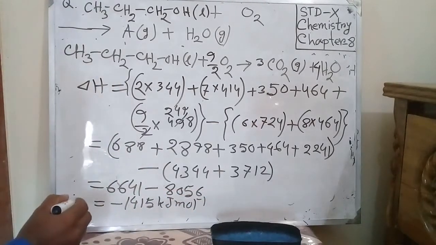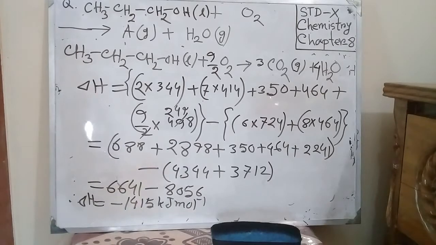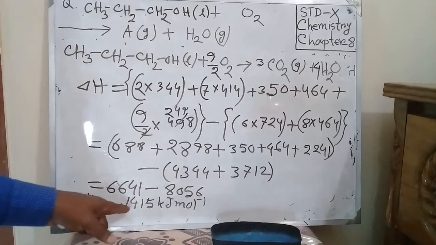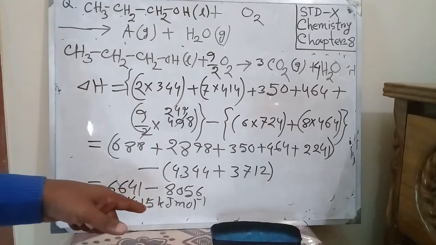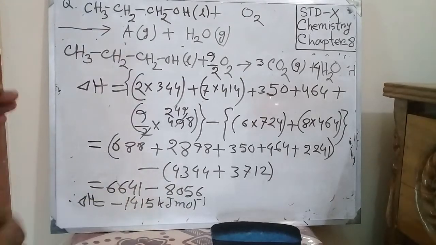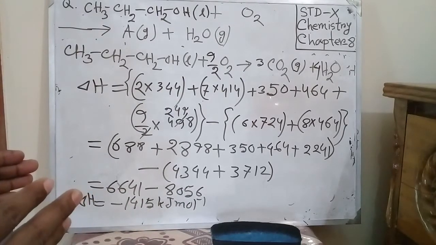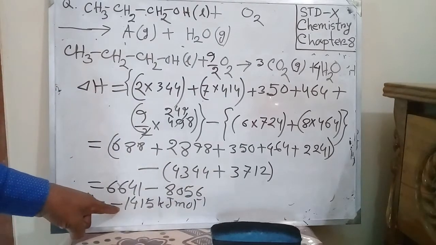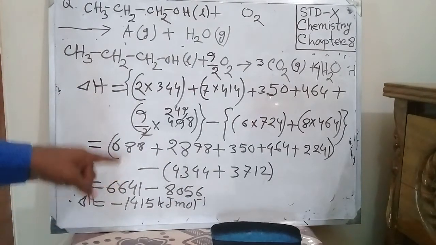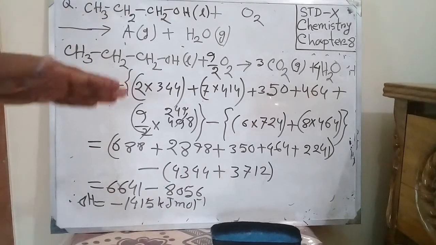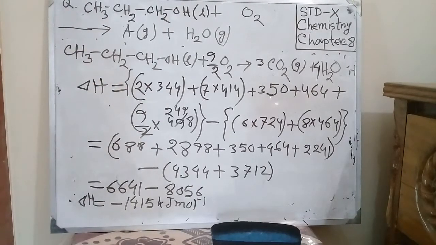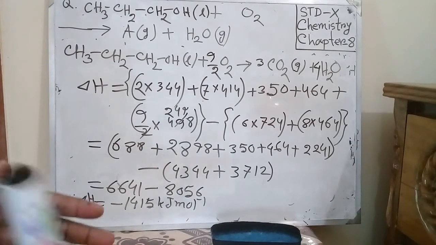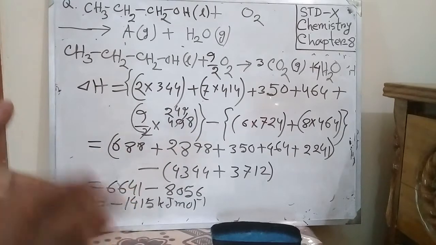Look, below is minus 1415 kilojoule per mole. Since we have got del H value negative, it's an exothermic reaction. If I would get a positive value, then I could tell it is an endothermic reaction. So I think you have understood better. Thank you very much. I will come again by taking another topic.